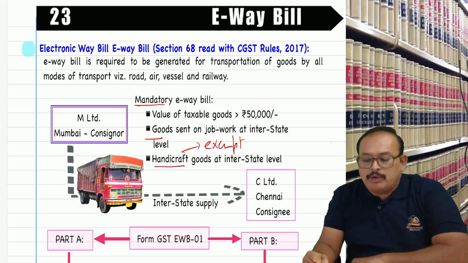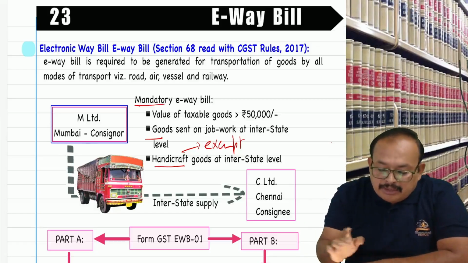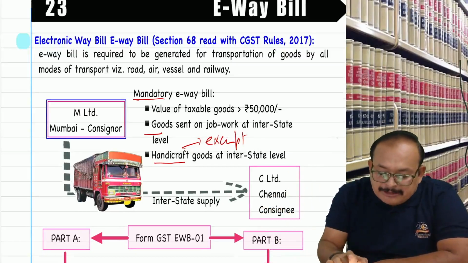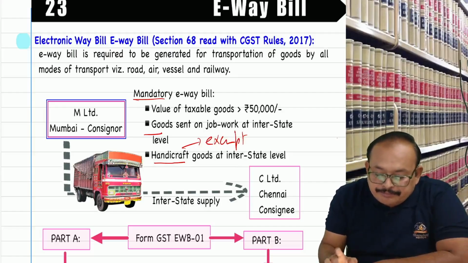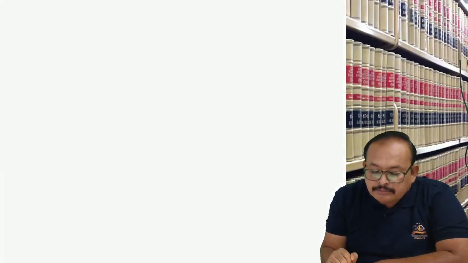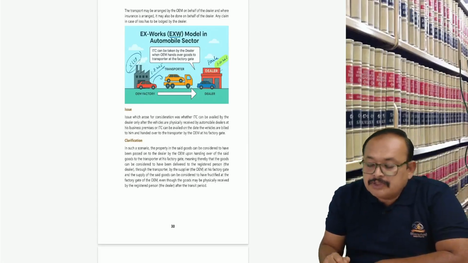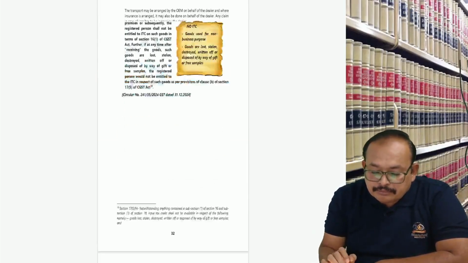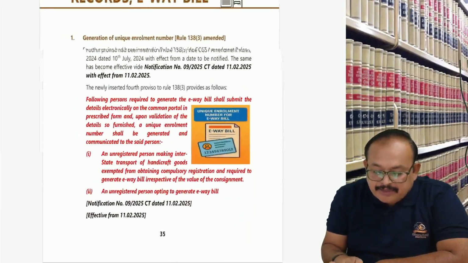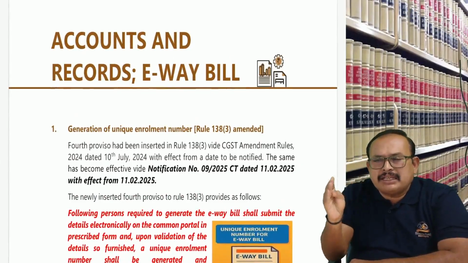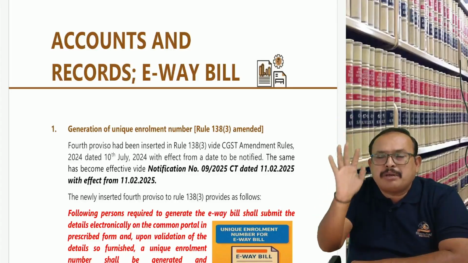It's an amendment. Now I'm going to show that from our institute's supplementary. It is also given in your material. This one, Raja. In the study material, not study material, CA Final Indirect Tax Laws, Paper 5, amendments applicable for September 2025 examination.